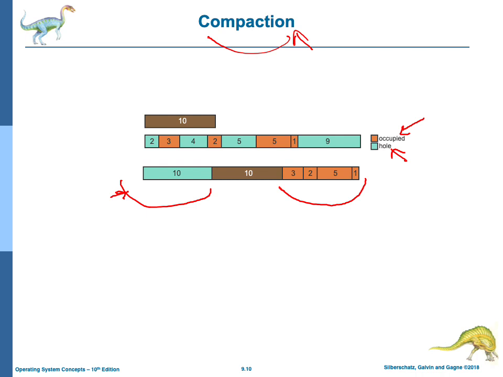Okay, so that's what we just did right here. We can move the allocated spaces either to the left or to the right. It doesn't matter, but the main advantage is that we're merging the free holes together.